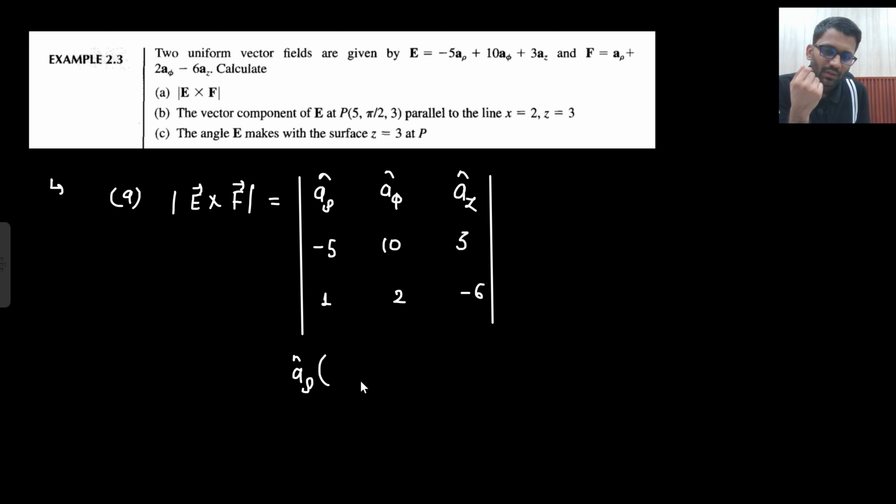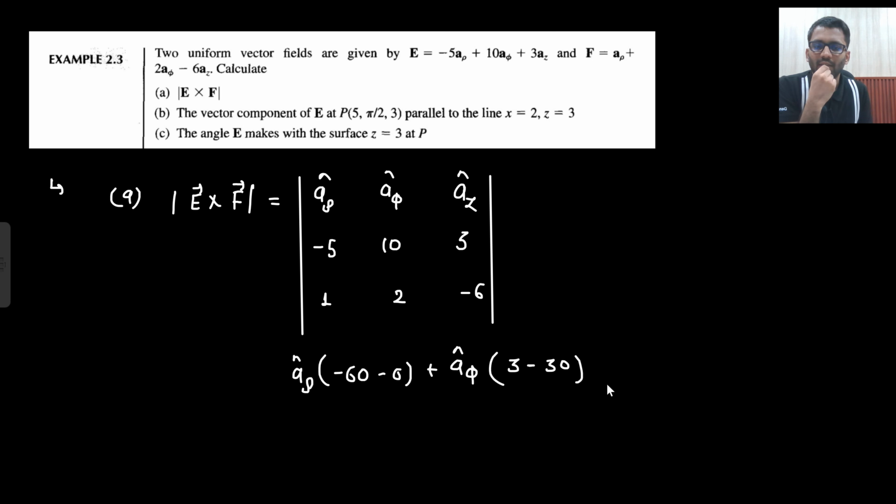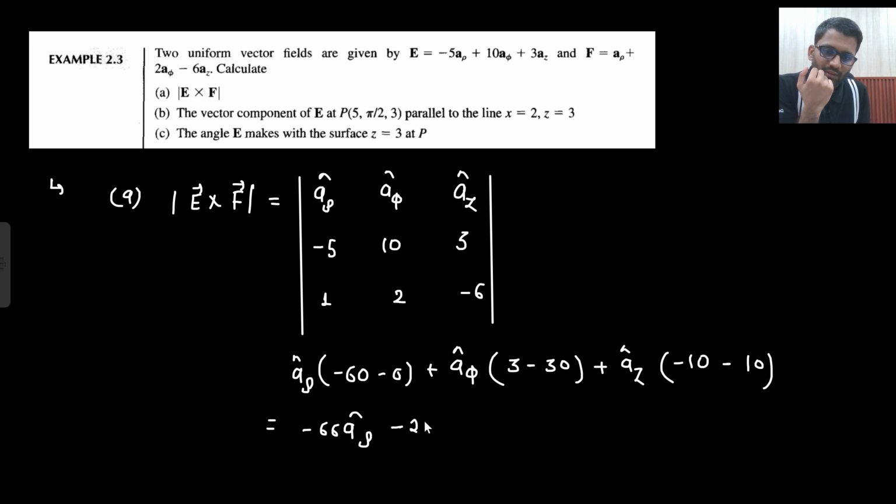A rho -60 -6 plus a phi. So 3 minus 30 plus az -10 minus 10. Okay. So what you are going to get? -66 a rho, -27 a phi, -20 az cap. Right. This is what we are getting.